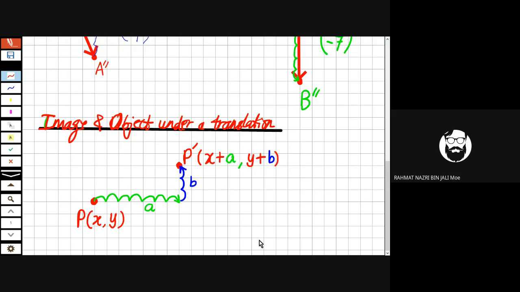Jadi kita dapat formula di sini untuk image. Akhir sekali kita buat conclusion.